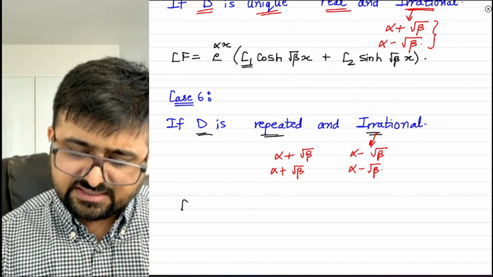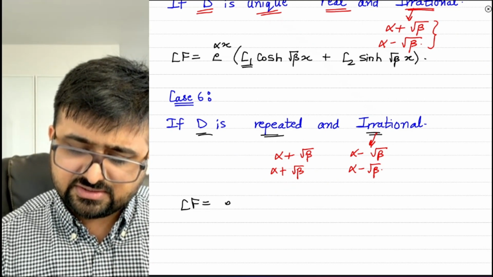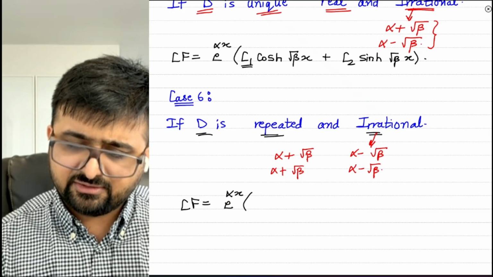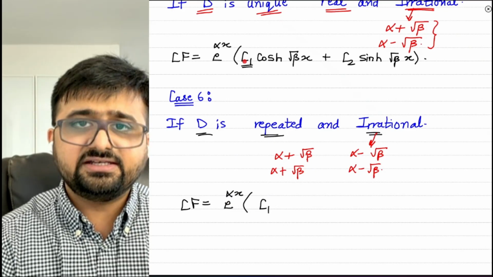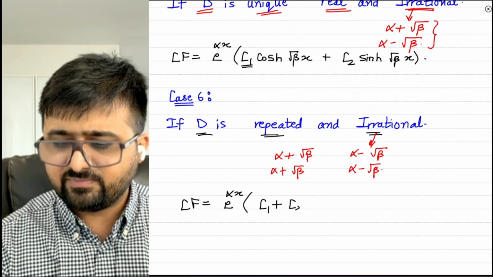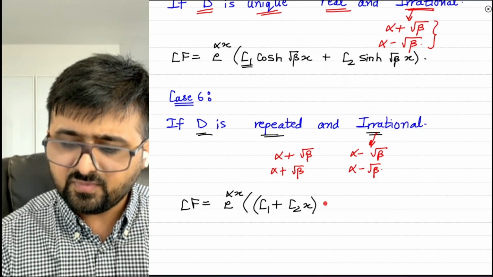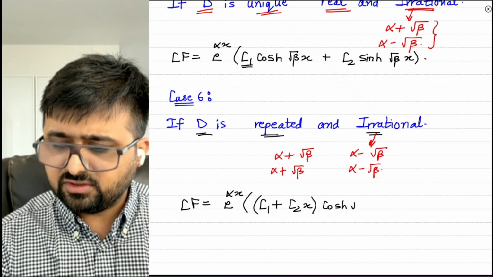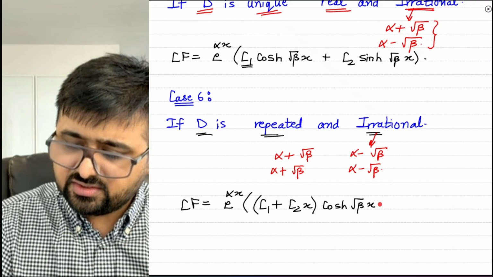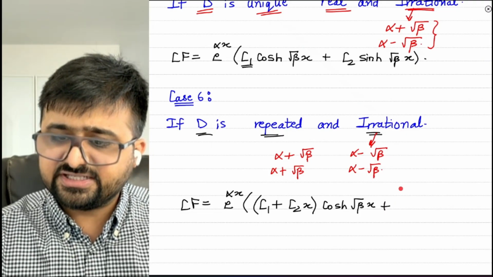So in this case, the complementary function will also start with e to the power alpha x. Instead of c1, let's write a linear function: c1 plus c2x cos hyperbolic root beta x. Plus, again instead of c2, write a linear function.